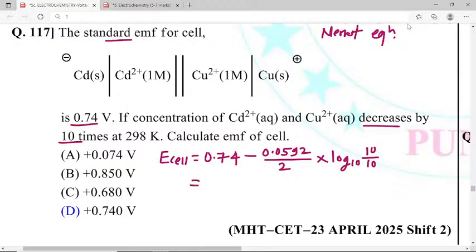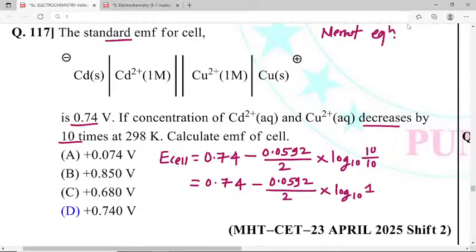So this is equal to 0.74 minus, how much value here? 0.0592, this whole divided by 2, multiply by log 10 to the base 10. So it is 1.